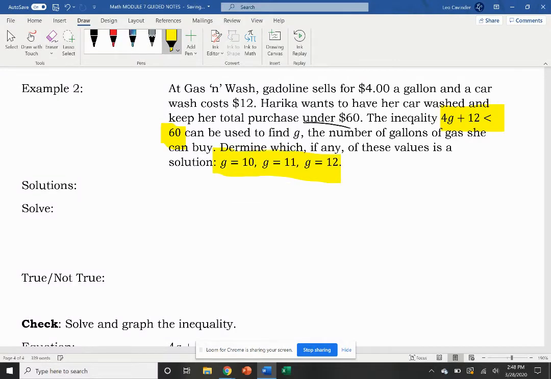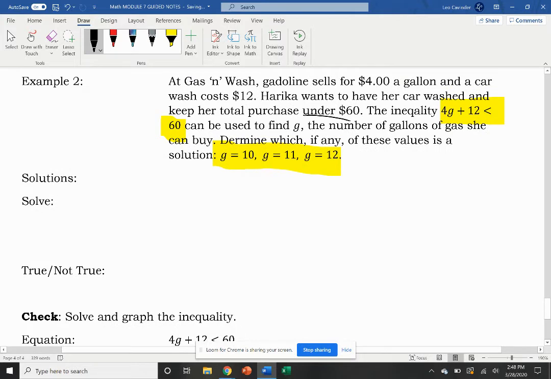So now it's actually giving us some solutions. What we need to do is we have our inequality, 4G plus 12 is less than 60.